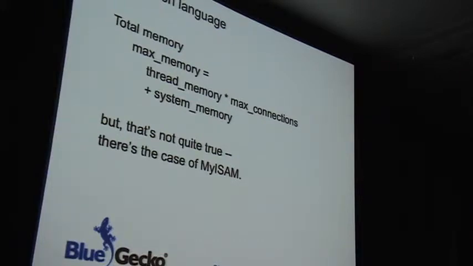The caveat there is, of course, that MyISAM, which is the default storage engine prior to the MySQL 5.5.6 release candidate that we heard about this morning, does not actually use a system global area for its buffering. It actually uses file system buffers.